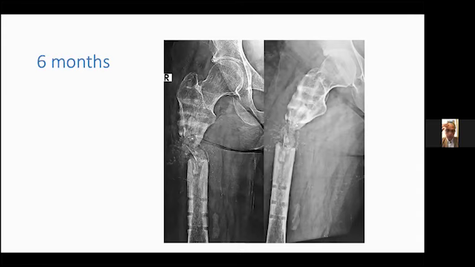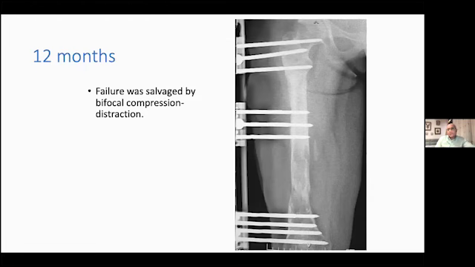And then we plan for further reconstruction stages. Christina, would you still insist on continuing with the Masquelet and repeating the first stage, or at this stage you would go for distraction osteogenesis? I have a case that is very similar and I went for distraction osteogenesis. Okay, Mustafa, could you show us please what happened?